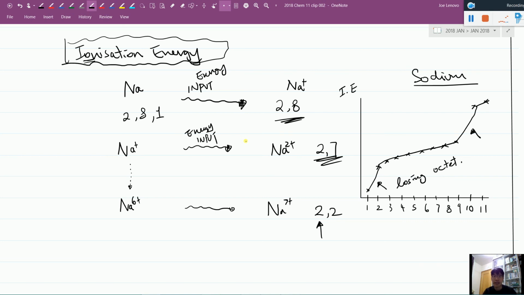Or if you're losing electrons with a big jump after 3 electrons, it would be group 5. Put that into your mind and remember it. Ionization energy is quite important when we learn ion formations. Just bear that in mind.